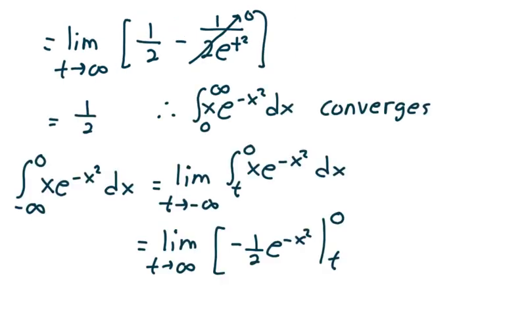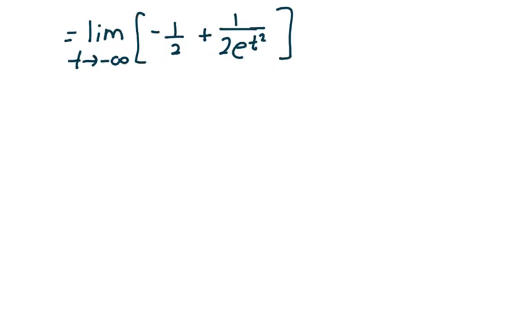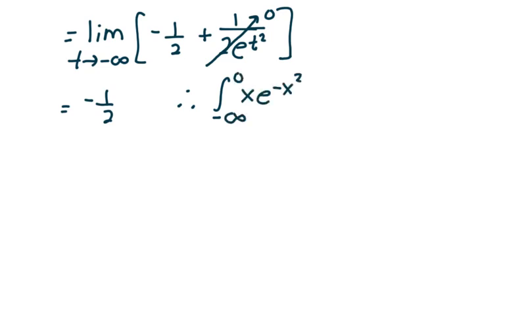But as t goes to negative infinity, this second term is going to go to 0, and you get negative a half. And so what that says is the integral from negative infinity to 0 of x e to the negative x squared dx converges.